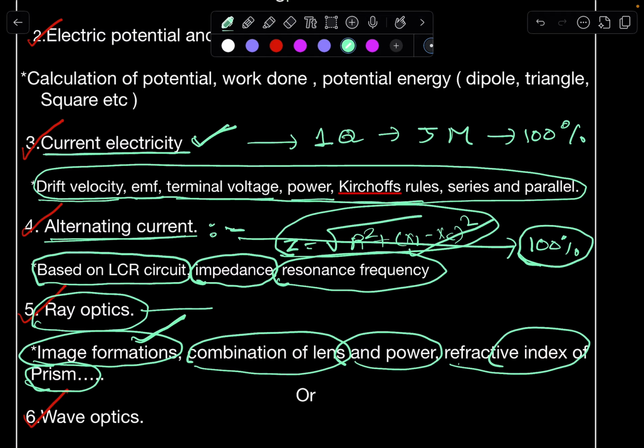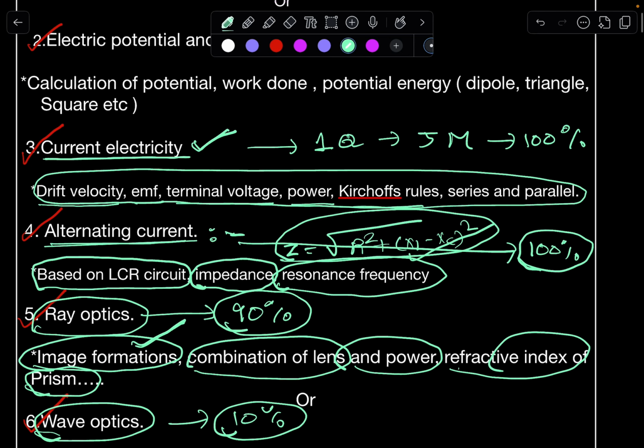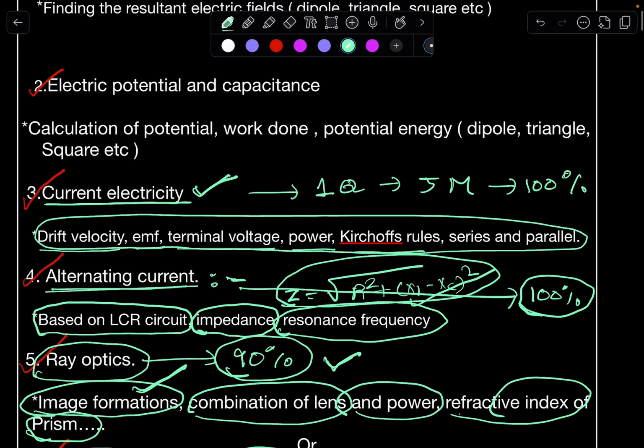There is a 90% chance they will ask ray optics numericals, and a 10% chance of a numerical in wave optics. If you are familiar with ray optics, you can include it. But I will tell you, you can practice only current electricity as well as alternating current numericals, and easily you can score 10 marks.